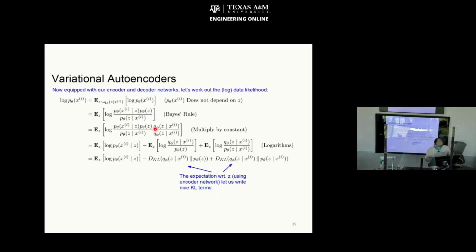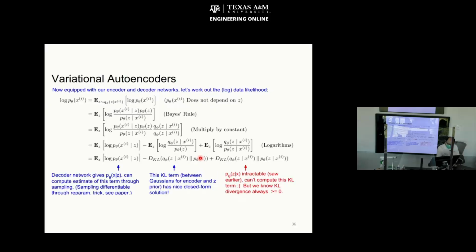And then we can figure out that actually this is the KL divergence of two distributions, and this is also the KL divergence of two distributions, right? We take expectations, and these expectations basically give us the KL divergence. Then let's look at these three terms.